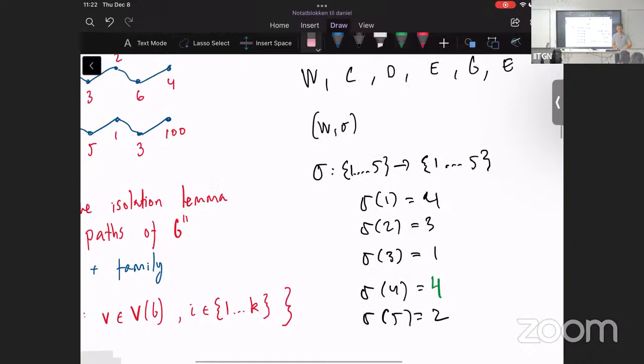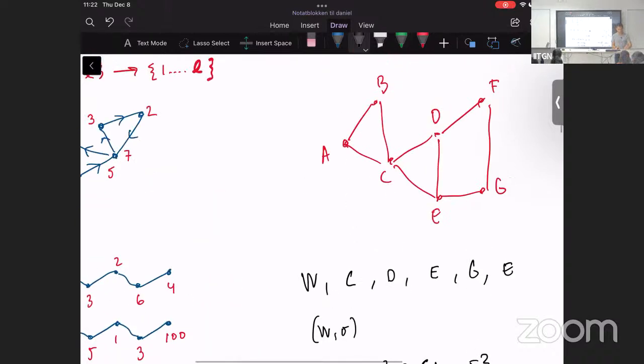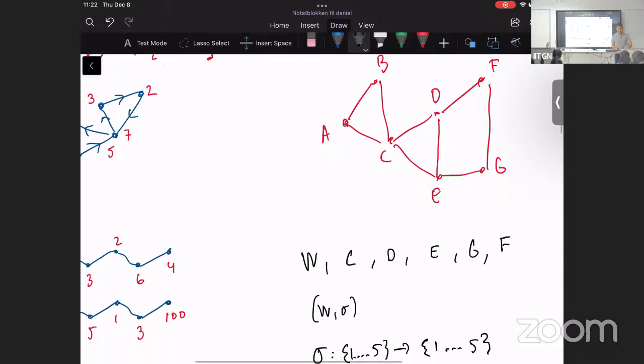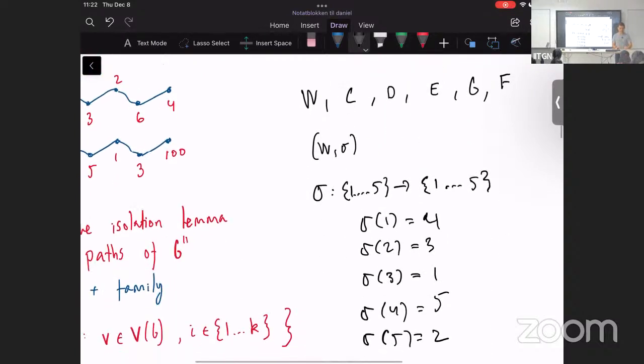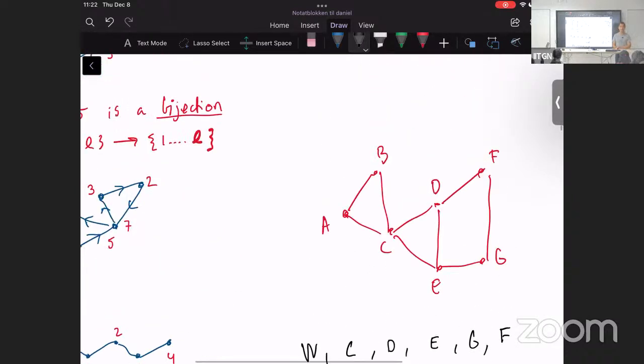If I put 4 and change it back to 5, and now I change E here and change it to F, then this is not only a multi-labeled walk, but it is also a multi-labeled path. Notice that the graph I'm considering does not have any labels on it. It's just vertices that have names.